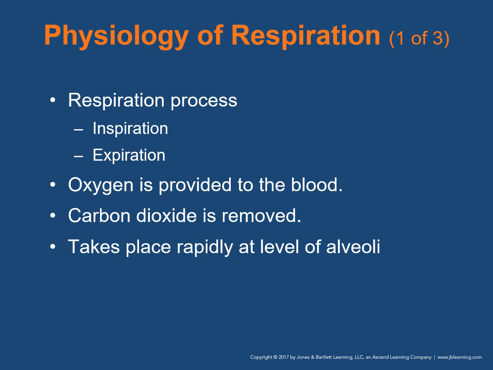And how fast and how deeply we breathe is all controlled by the brain. We're going to talk about that in a second. Let's look at the pictures on the next slide where this internal and external respiration happens.